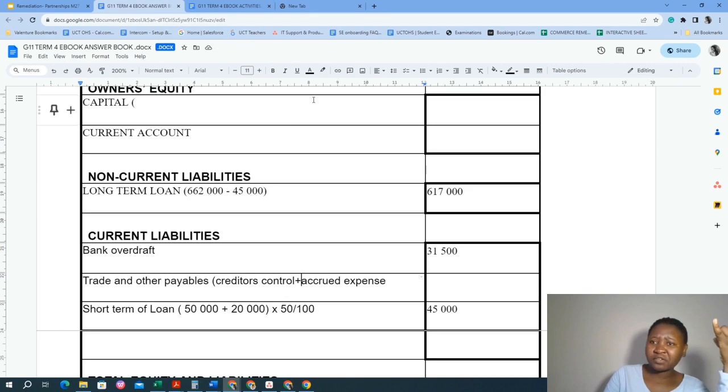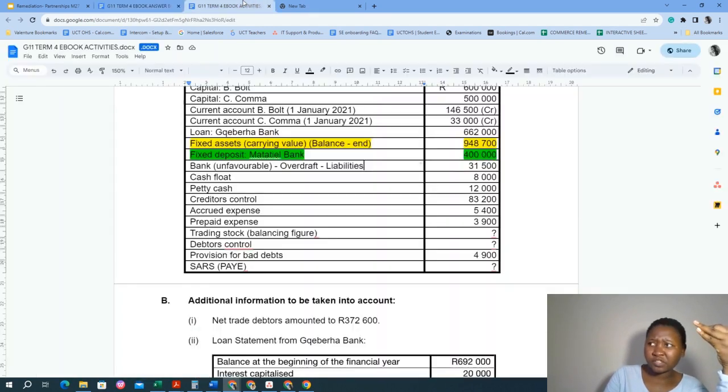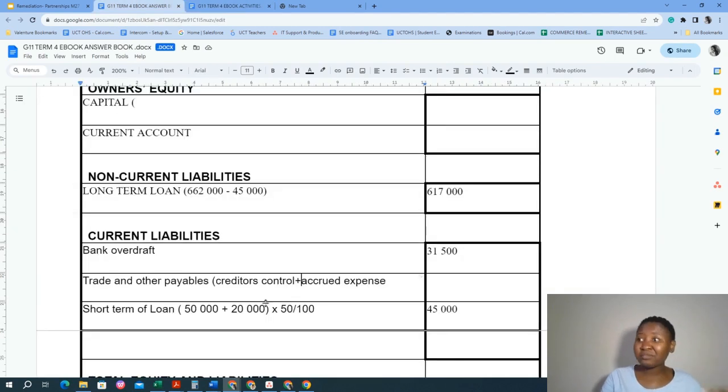I'll look at how much is my creditors control, how much are my accrued expenses, and then what else? Let me look at whether there is income received in advance. So we got more than what we're supposed to get. A tenant somehow decided to pay us for this year as well as a couple of months in the next coming year.